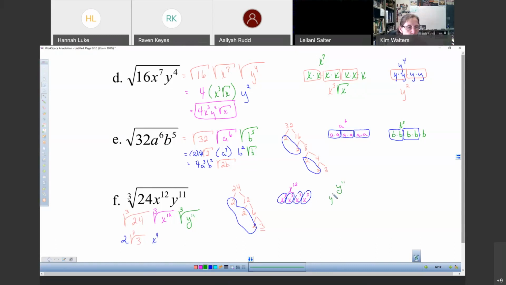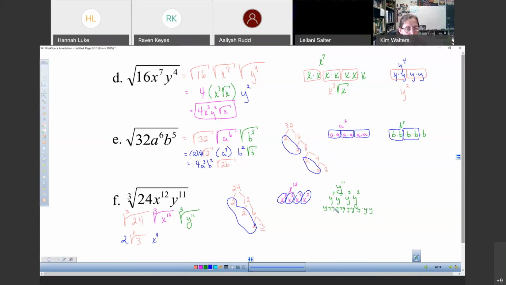Again, I'm looking for 3s. So 3, 6, 9. Uh-oh, I can't get 12. I can't get 11. So I need a 2 here. If you need to write this as 3 y's and then 3 more y's and then 3 more y's and then 2 y's, that's okay.